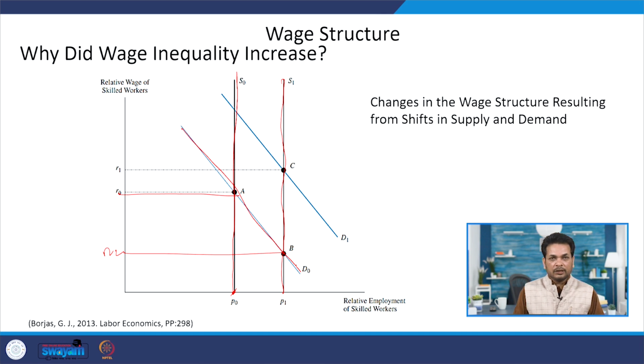If there is no change in the demand for these skilled workers and there is an increase in supply, then this will reduce the wage gap between skilled and unskilled workers. So the economy will move from point A to point B.